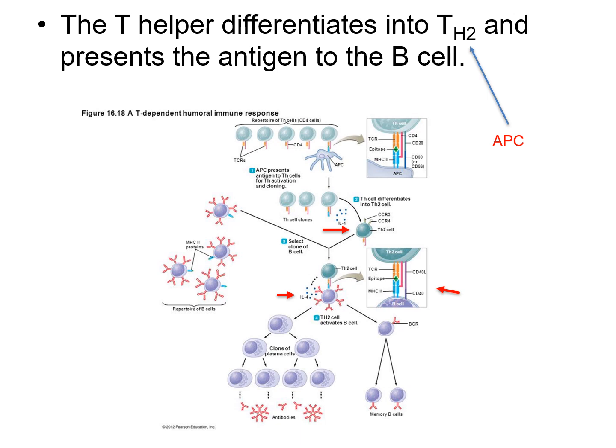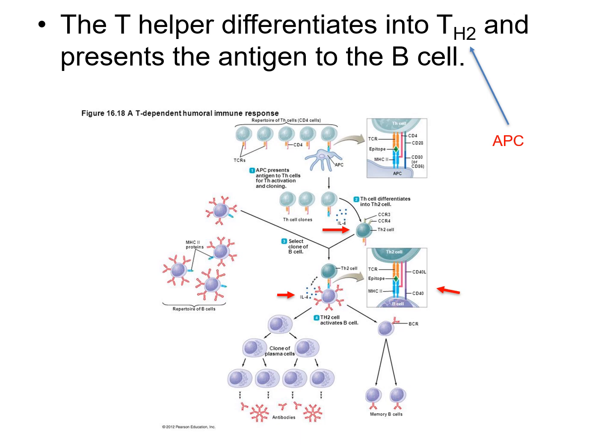Now the T helper differentiates. It transforms into T helper 2. Now the T helper 2 has the baseball in its glove, in its CD4 glove. And now it is going to interact with another cell called the B cell.